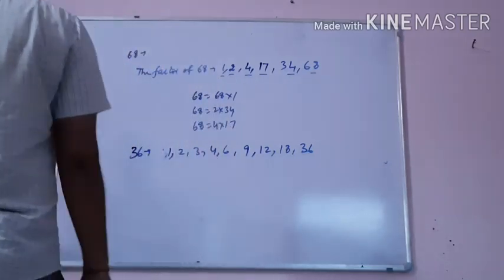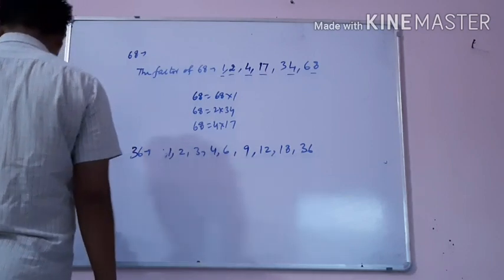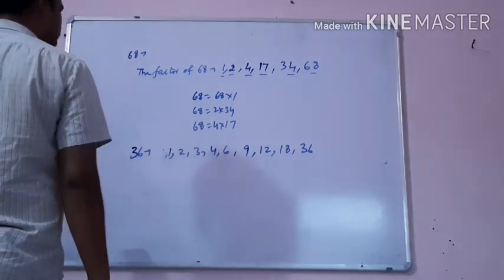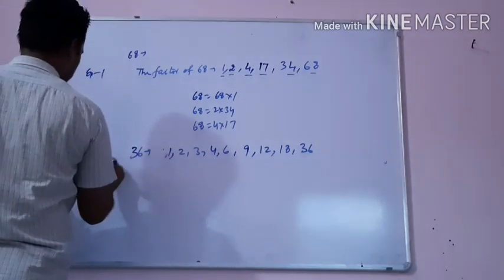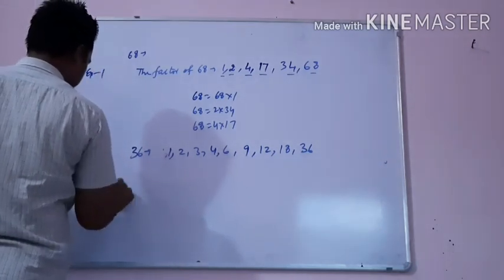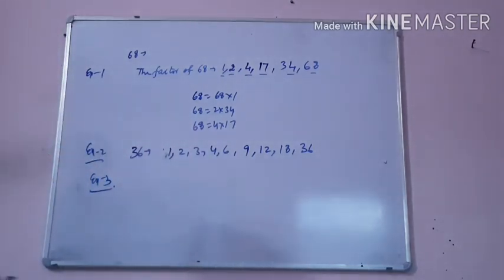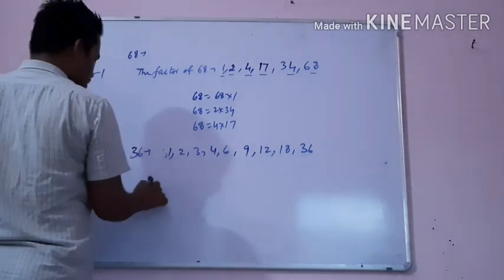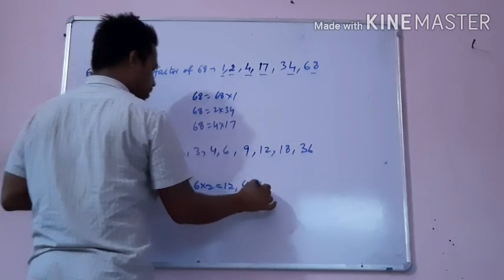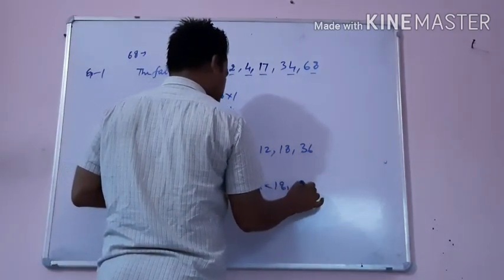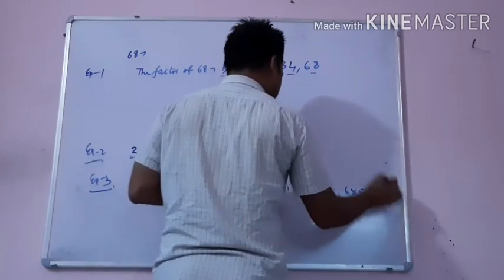Now example number 3 is: write the first 5 multiples of 6. This was example number 1, this was example number 2, and this is example number 3. Now we will see the multiples of 6. 6 multiplied by 1 is 6. 6 multiplied by 2 is 12. 6 multiplied by 3 is 18. 6 multiplied by 4 is 24. 6 multiplied by 5 is 30.